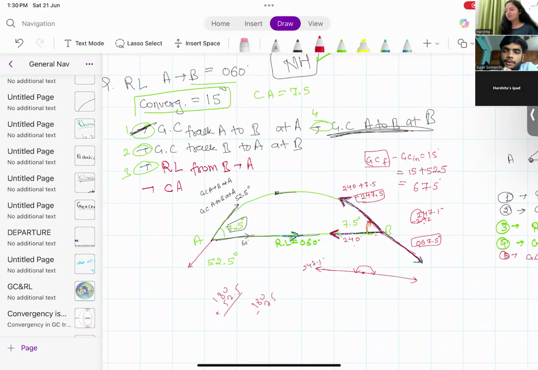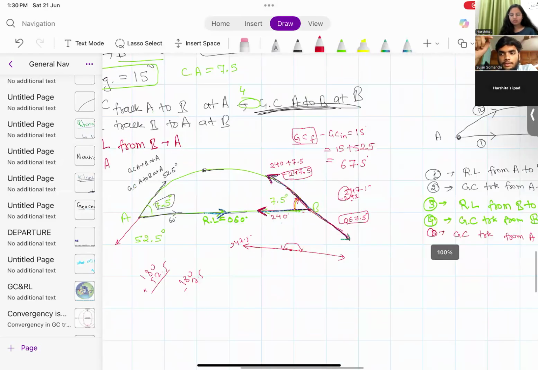What is the solution? 52 degree. Perfect. From A to B, 52.5 at A. Great circle track from A to B at A is 52.5. Next one. Great circle track B to A at B.